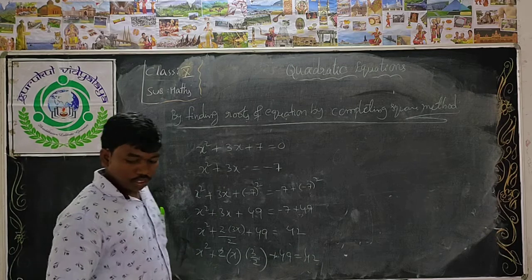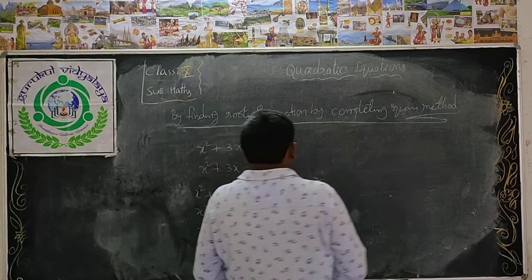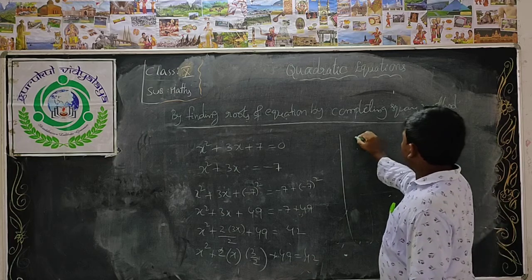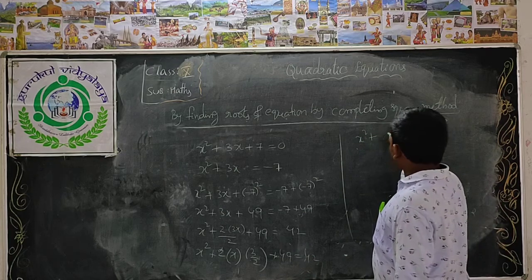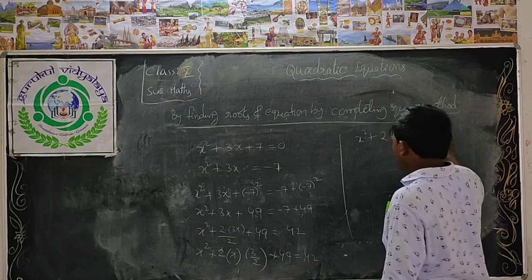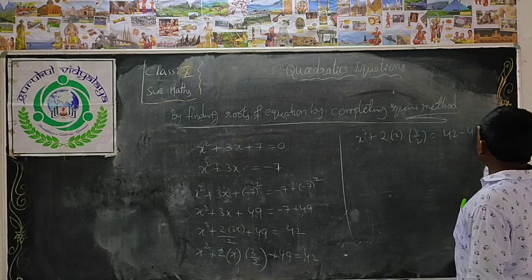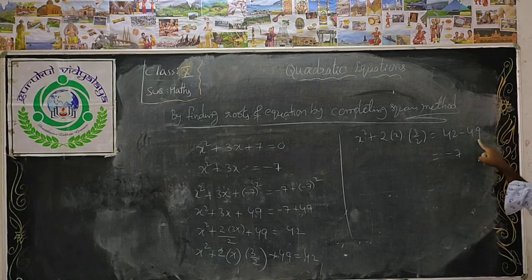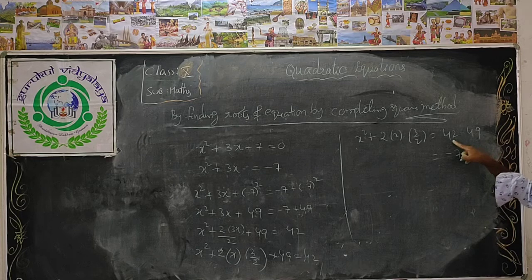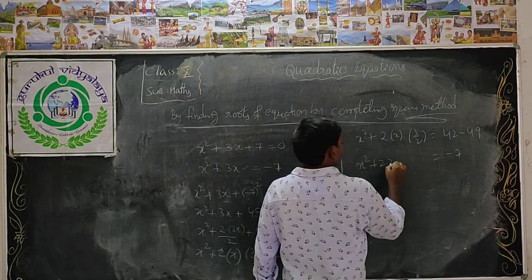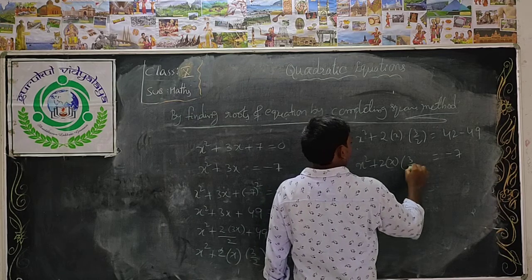Okay. Now this 49 sent to the RHS side. x square plus 2x into 3 by 2 is equal to 42 minus 49. It will become minus 7. x square plus 2x into 3 by 2.